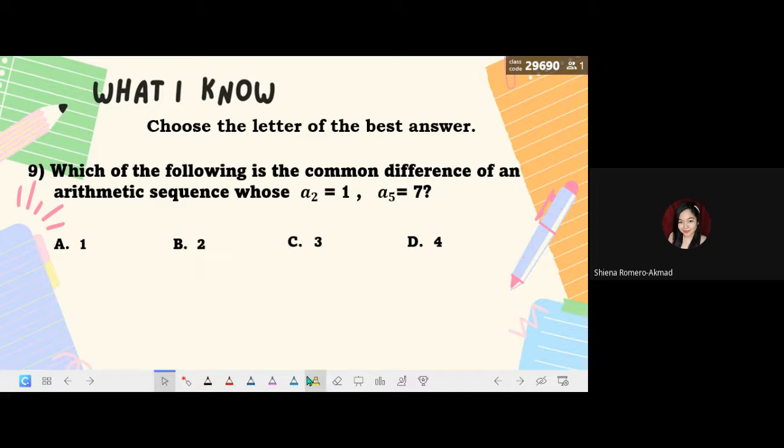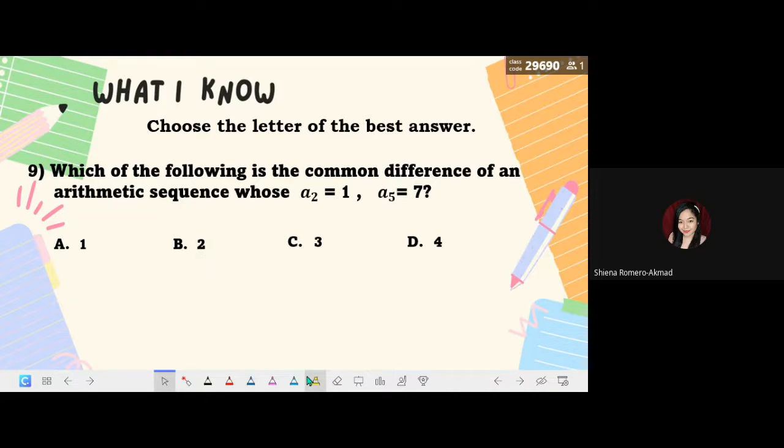Hindi ako magagalit kung nahihirapan kayo, nadadalian kayo. Kunin yung common difference kapag dalawa lang yung terms. Tapos magkahiwalay pa sila, no? Yung isa A sub 2, yung isa A sub 5. Mark, mahirap o hindi? Mahirap po. Of course, mahirap yan kasi magkalayo sila eh.